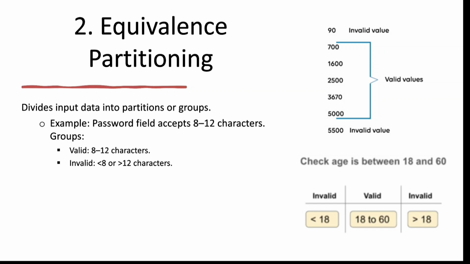We can use any valid value between 8 and 12 characters, and we can use two invalid values: fewer than 8 characters and more than 12 characters. That way we can cover all the value cases. This method is called the equivalence partitioning method. Through it we can write test cases and use them while doing software testing.